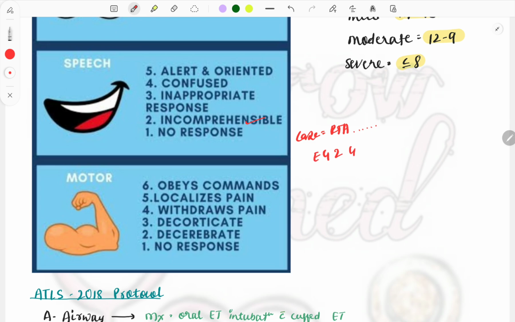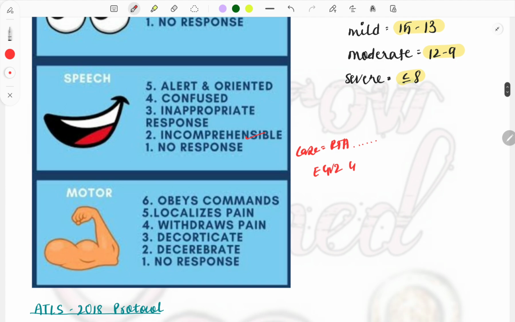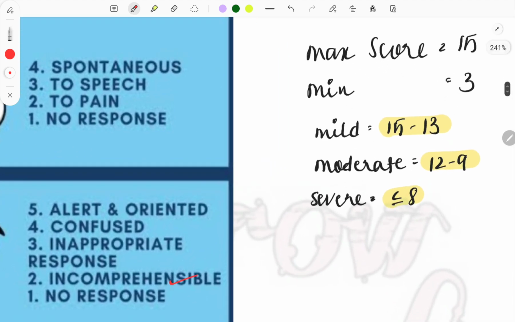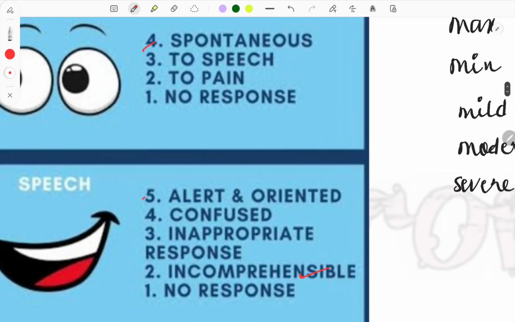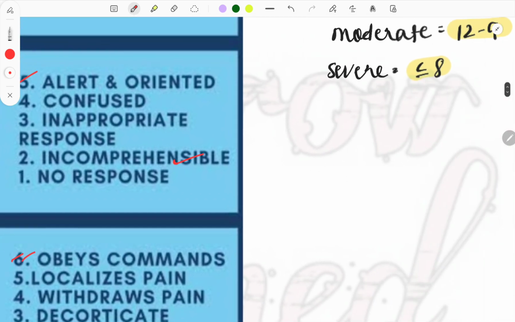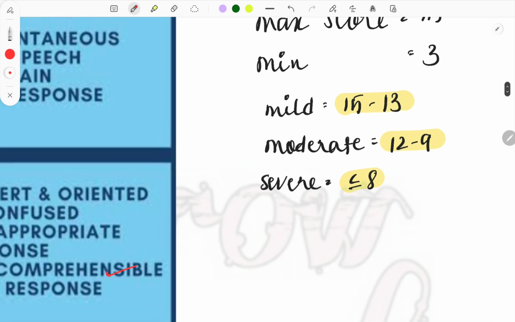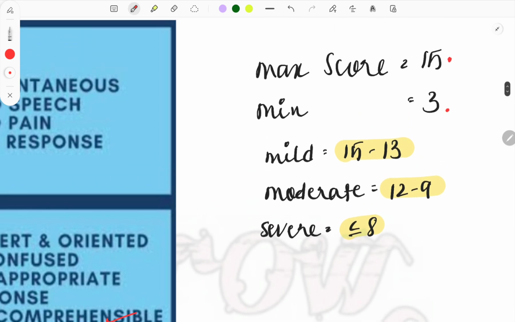They will give options for E, V and M, and you need to choose the right option from the question. The maximum score is 15, that is 4, 5 and 6, and the minimum score is 3.